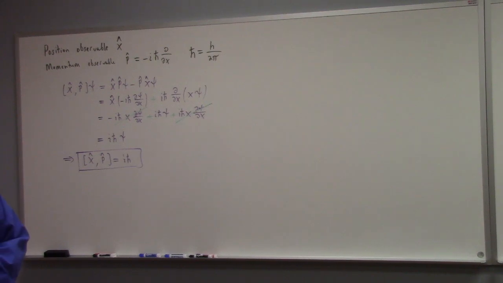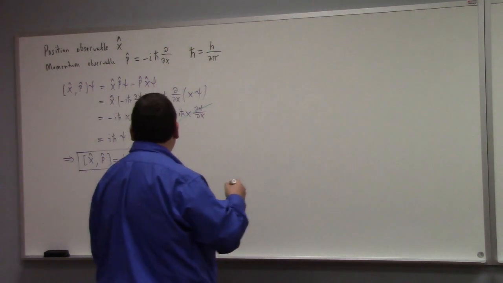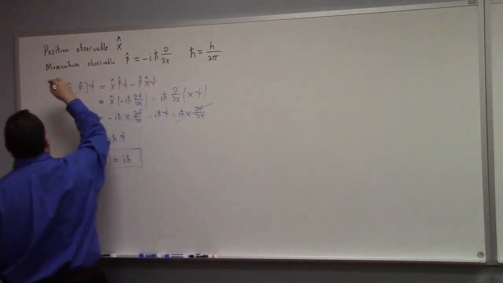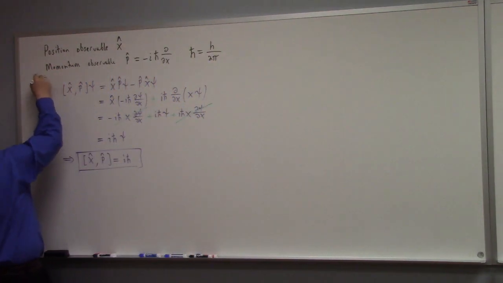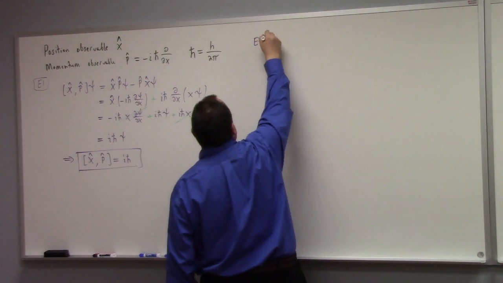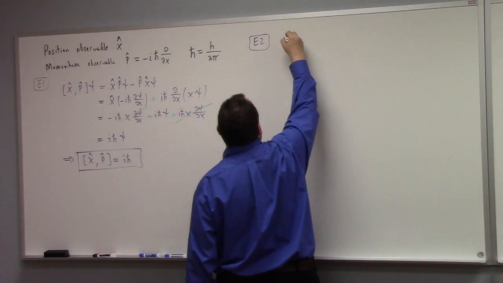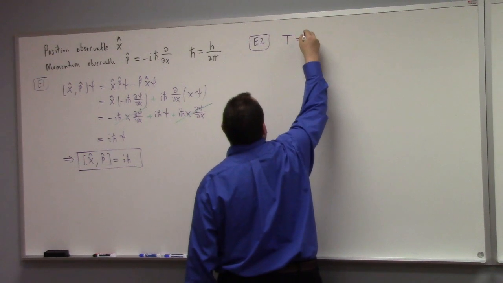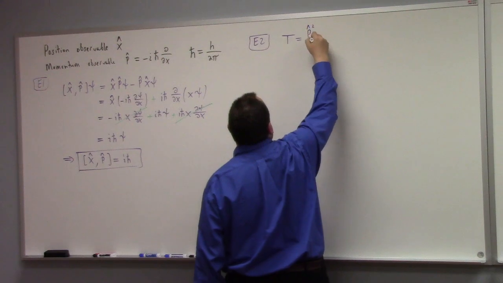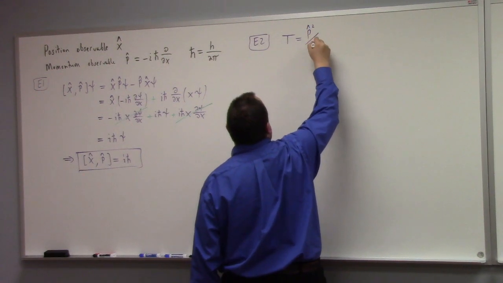Now, another calculation we should do is with kinetic energy. So as example 1, position and momentum do not commute. Example 2: if we talk about kinetic energy, T in terms of momentum, that's p hat squared divided by 2m, right?